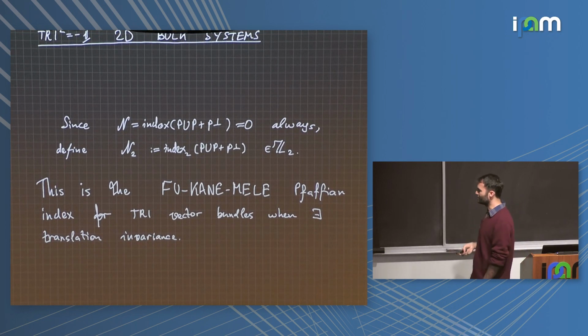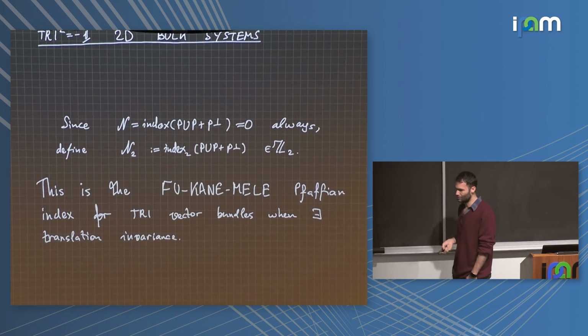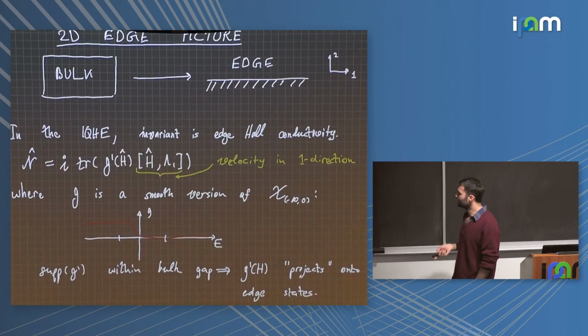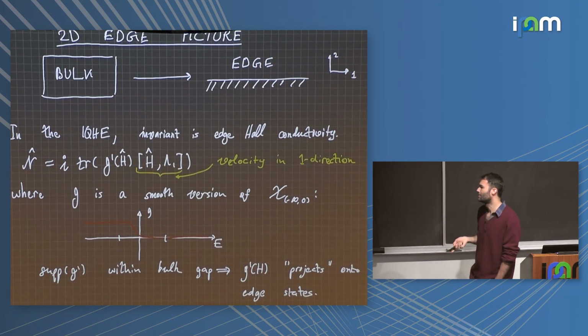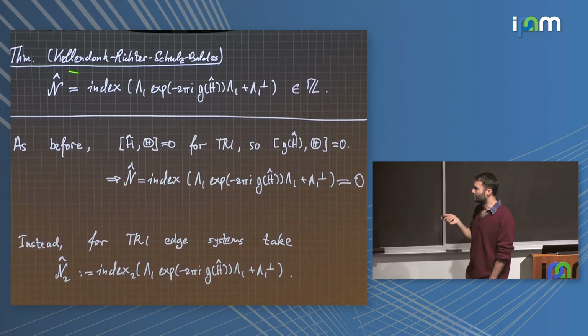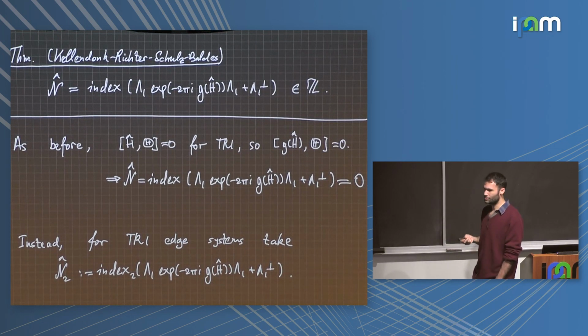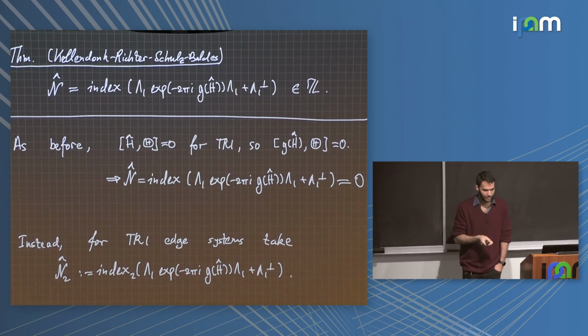And so, as my time is up, I guess I should conclude. But it turns out that in the edge picture, you again can write the Hall conductivity as a Fredholm index. And by a work of Kellendonk, Richter, and Schulz-Baldes, this is also manifestly an integer. And so again, the question of bulk edge correspondence, either with or without time reversal invariance, reduces to whether the index of two Fredholm operators agree.